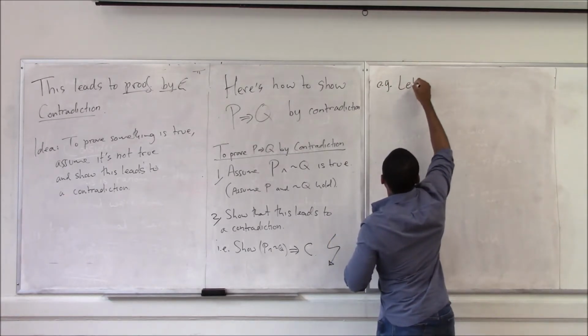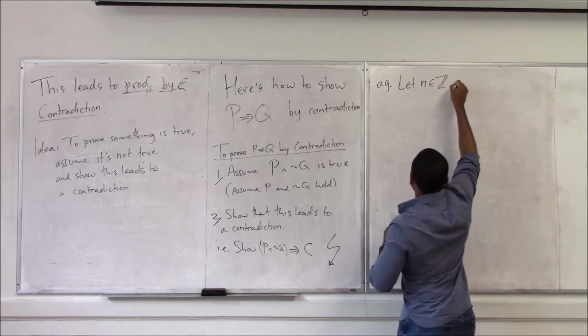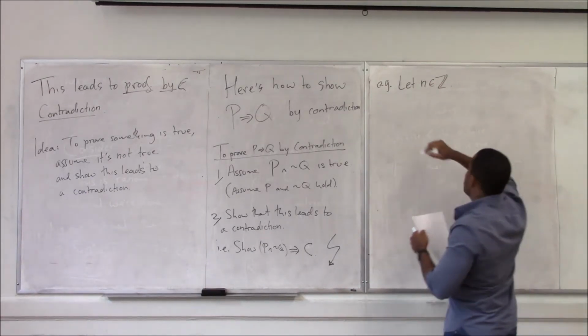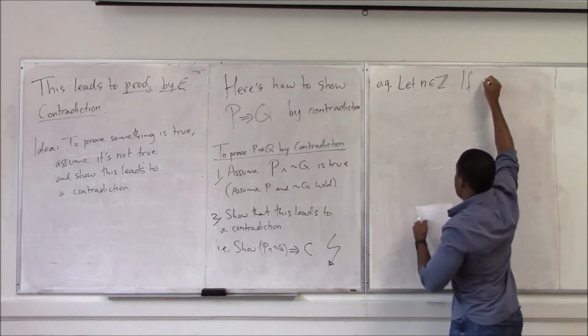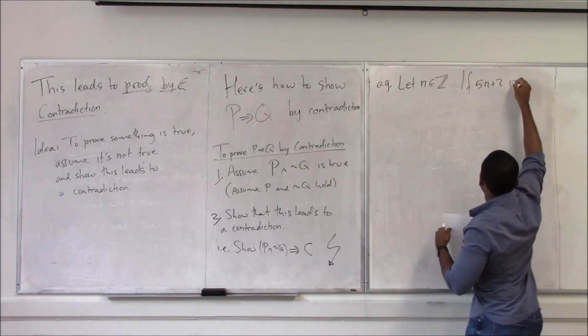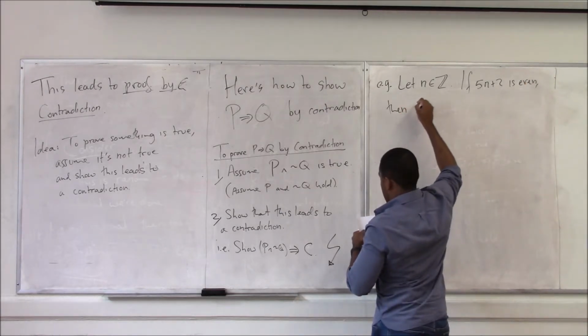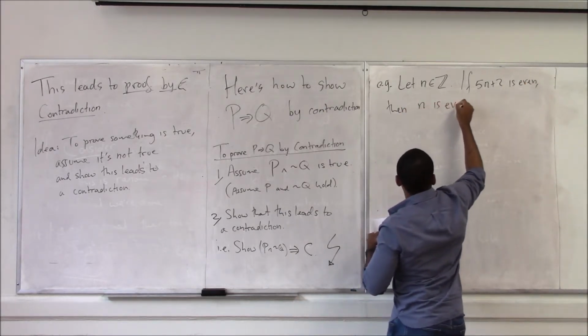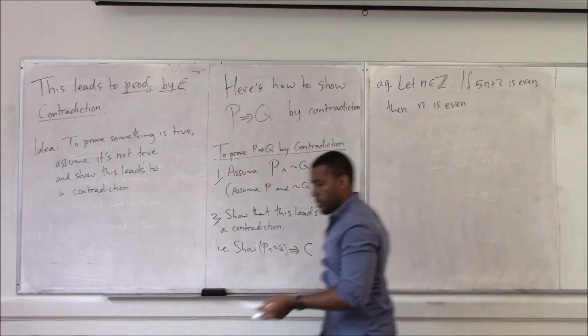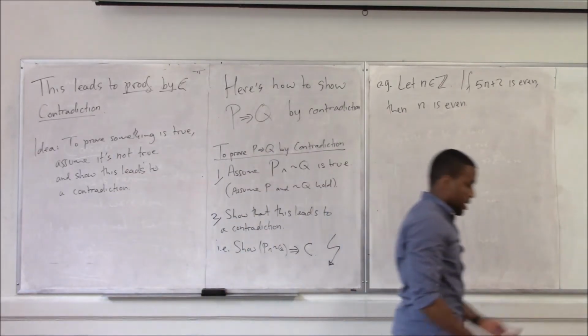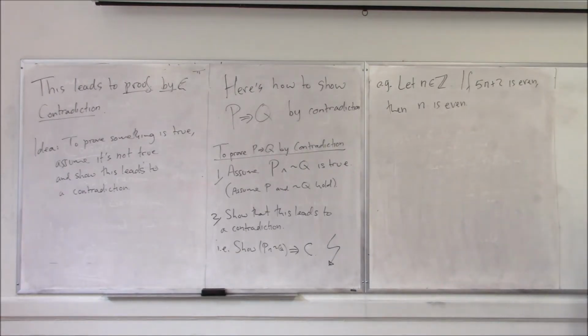So let n be in Z. If 5n plus 2 is even, then n is even. We know how to prove this by other means, but I wanted to do it by proof by contradiction. Normally we would do this as a proof by contrapositive, which would probably be your knee-jerk reaction. On a test, I would assume most people go by contrapositive here.